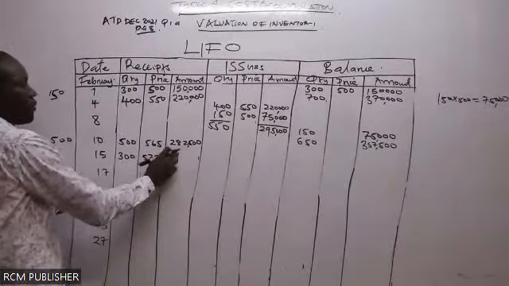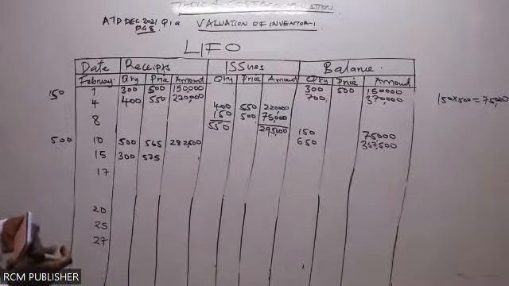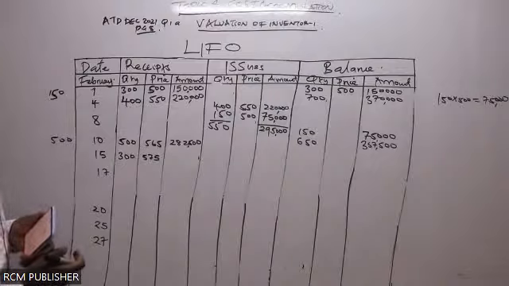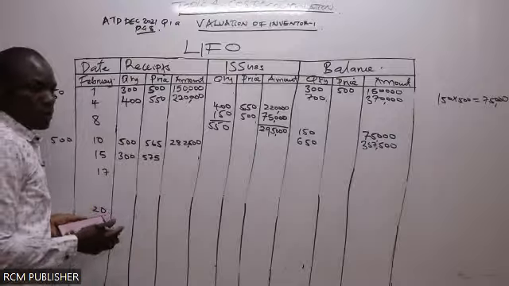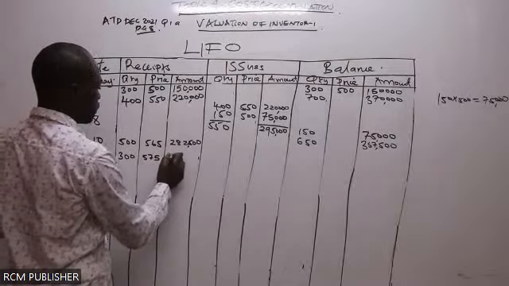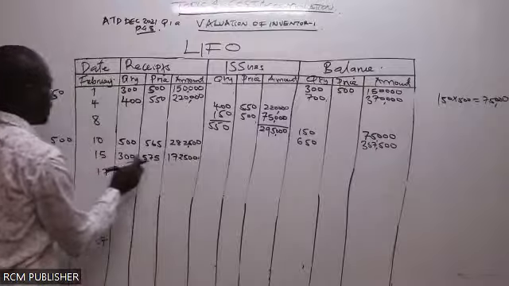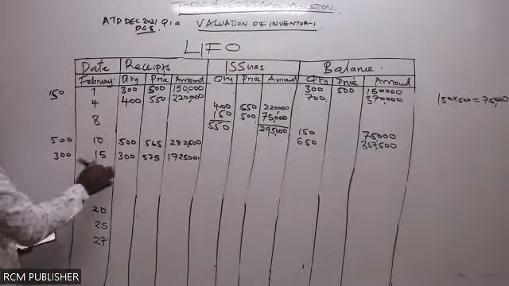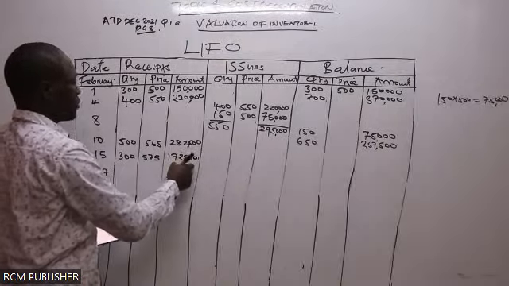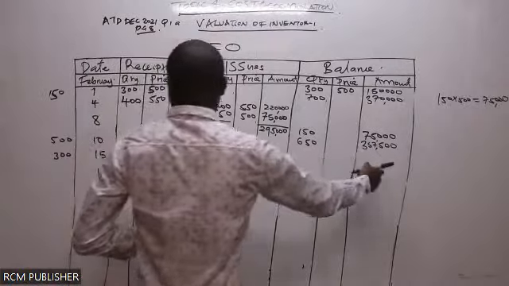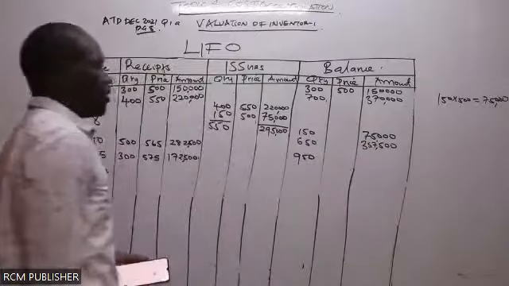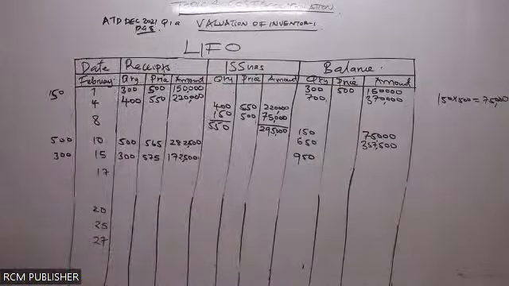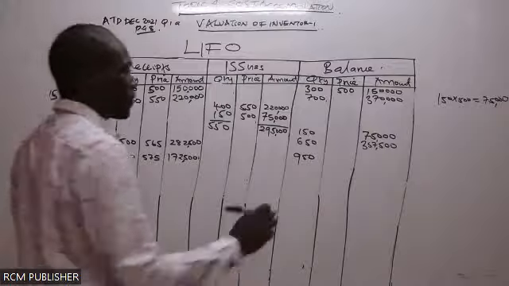What is the value here? 575 by 300, we are having 172,500. So we are receiving an additional 300, and 172,500 we add to what we have here. When I receive this, I'm going to have 950 units. In terms of value, 357,500 plus 172,500 is 530,000.